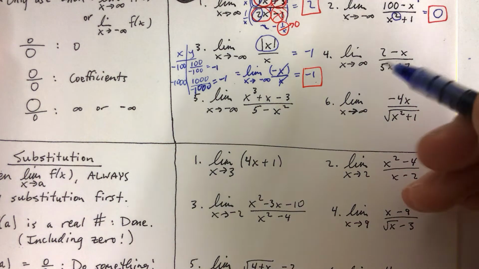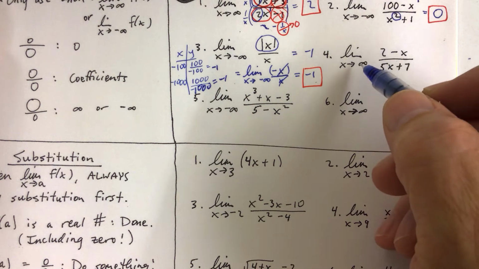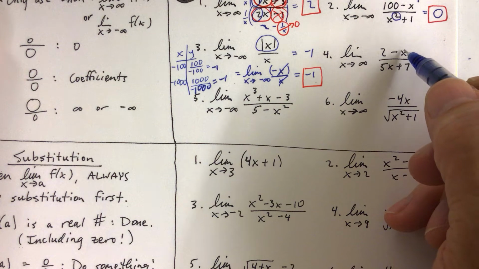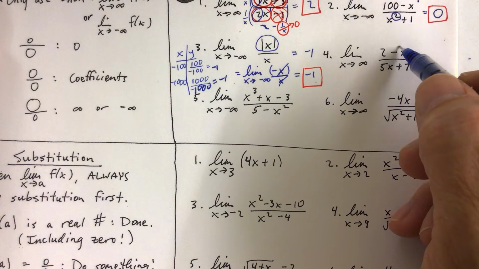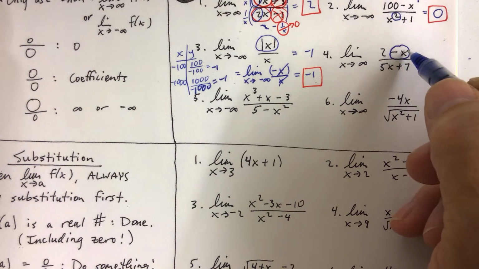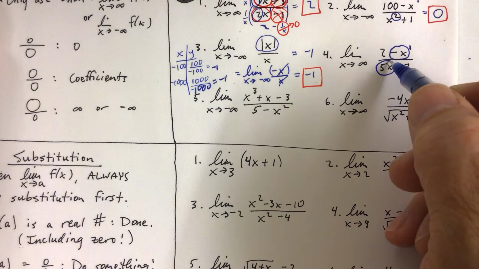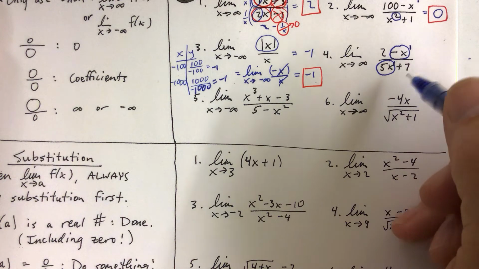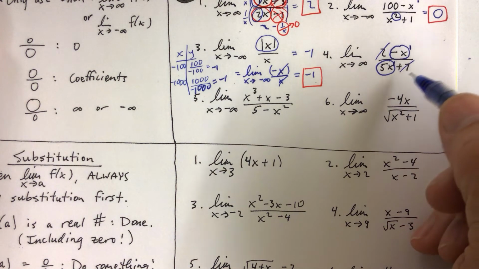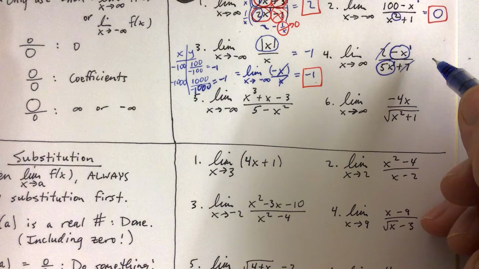All right, problem number 4. As x approaches infinity, we have a rational function here. We have a polynomial that has a leading term of negative x. Leading term meaning the highest degree term. And downstairs we have 5x, 5x to the first power. So the 2 and the 7, those really don't change.